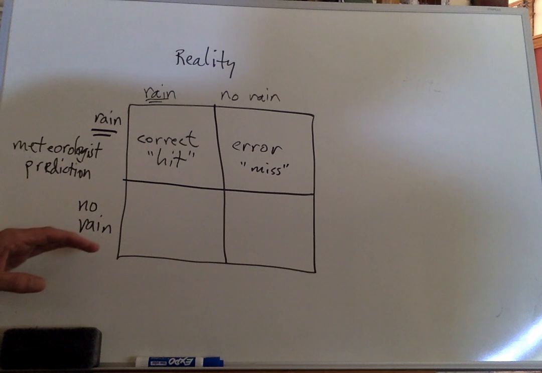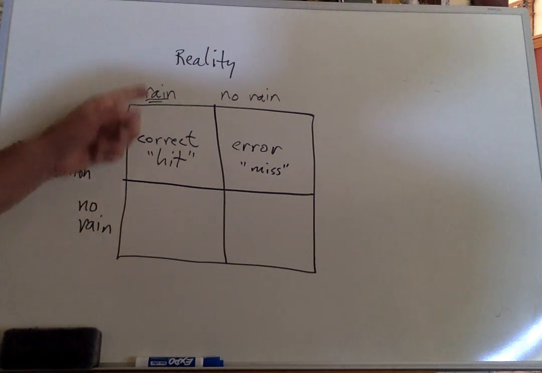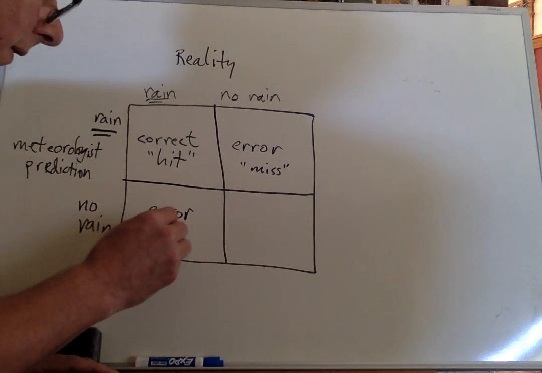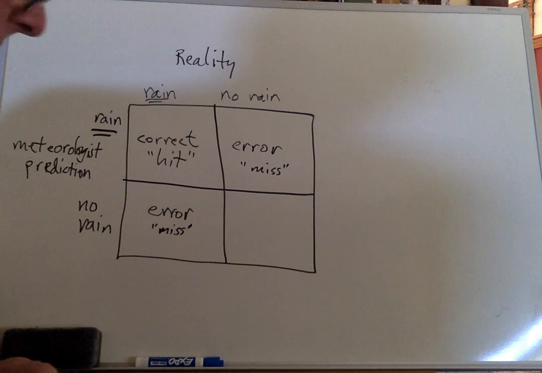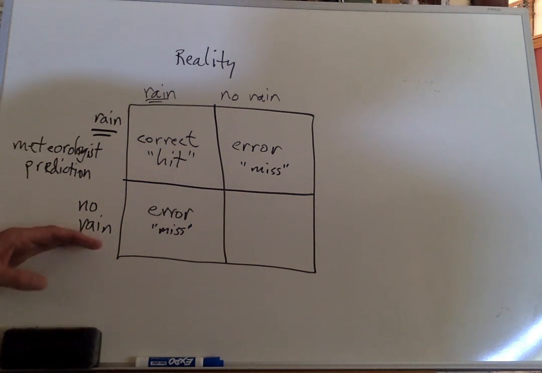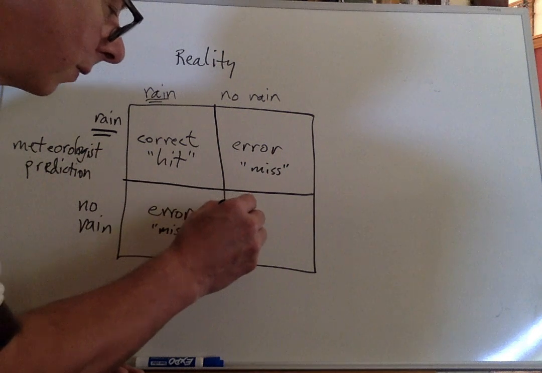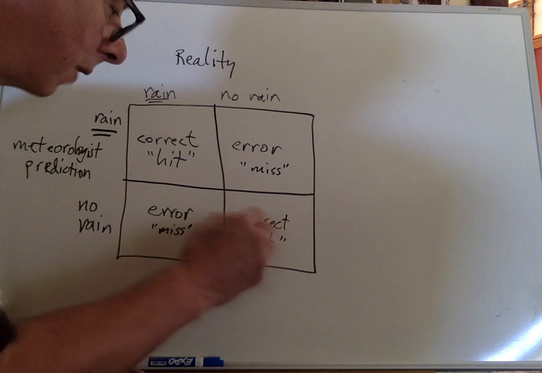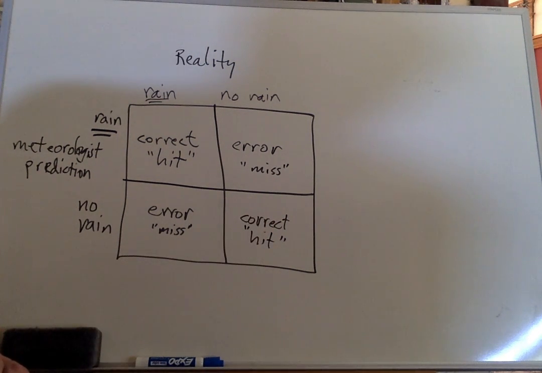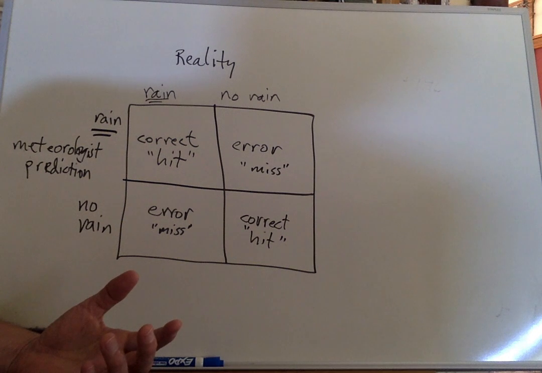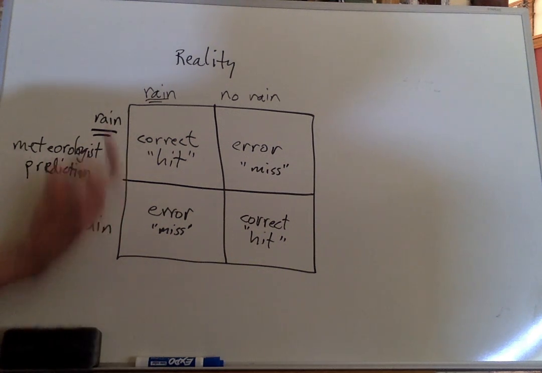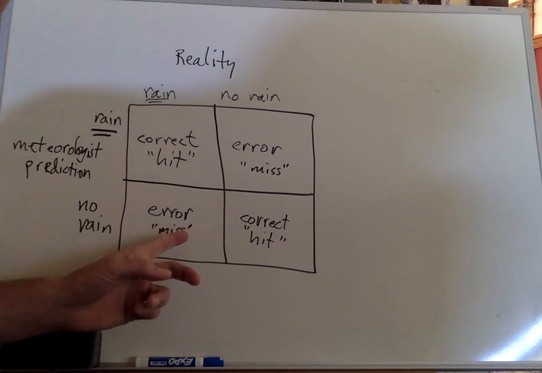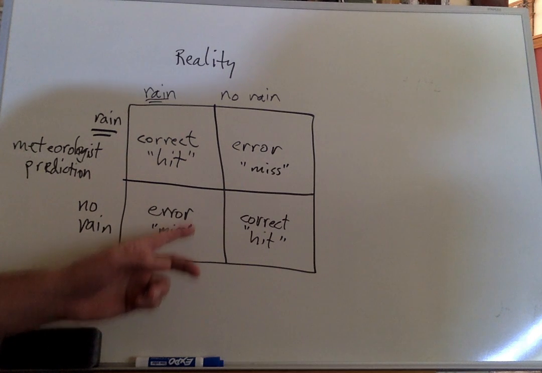If the meteorologist predicts no rain, but it rains, well, this is also an error, a miss, okay? If the meteorologist predicts no rain and it doesn't rain, of course, then we have a correct decision or a hit, okay? And in fact, whenever a prediction is made, there are these four possibilities, two that are correct, two that represent an error, okay?